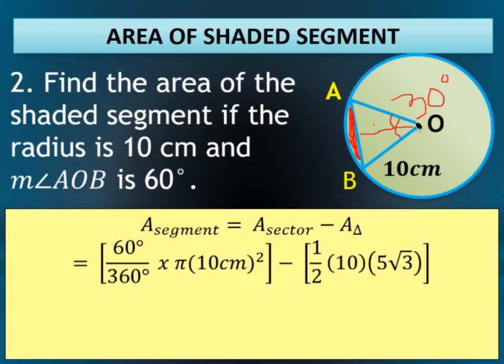So in this case, we form a 90-degree angle here with 30 degrees, and this one is 60 degrees. So we can recall the 30-60-90 degree triangle.